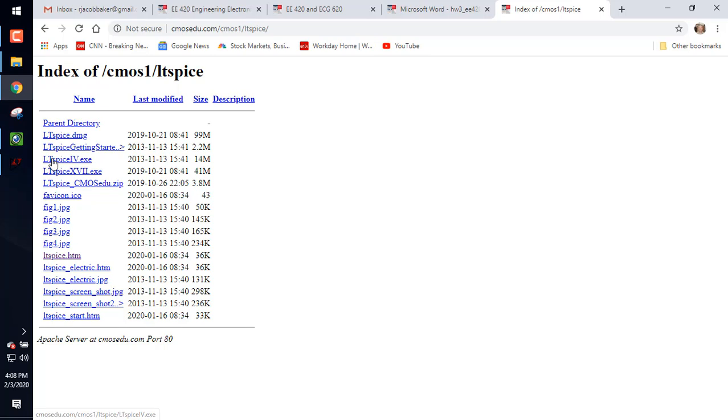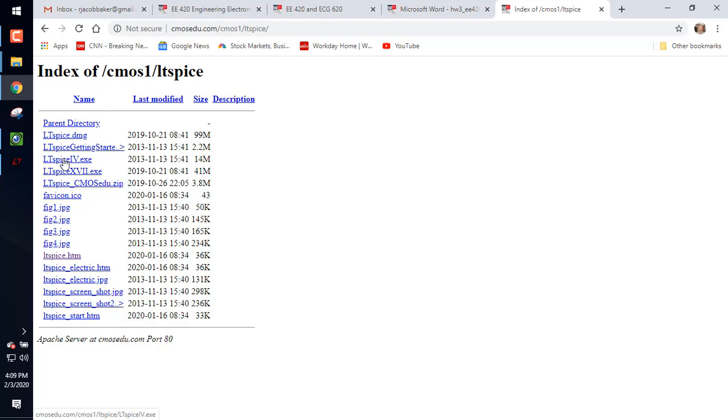So here's some older versions of LTspice. This is LTspice 4 and LTspice 12. He started doing some crazy stuff, and so a while ago I just kept LTspice 4 because I'm like, this keeps me immune. So if he changes things, I have an older version.